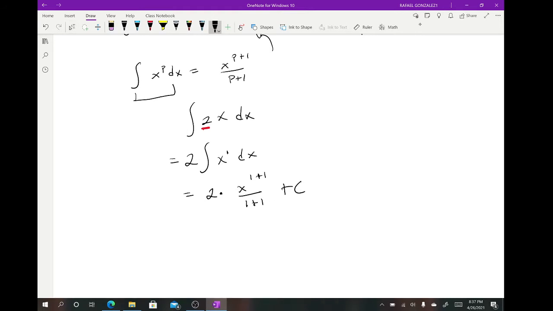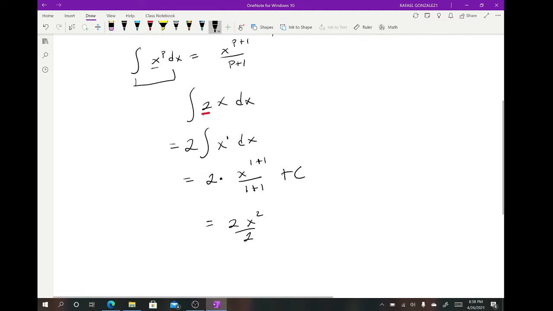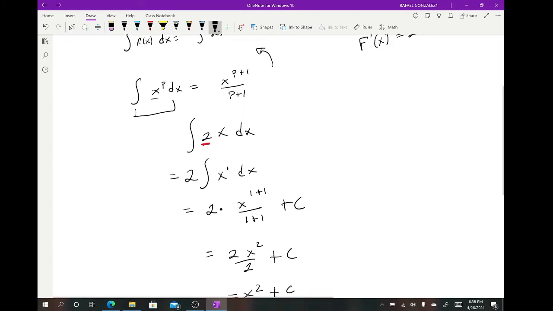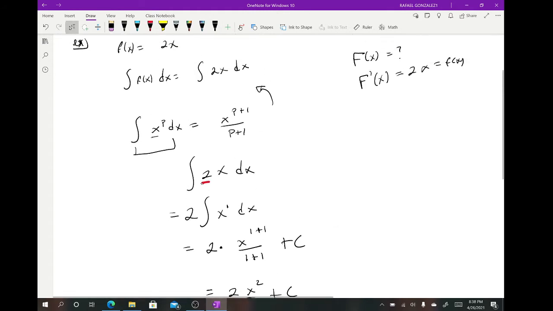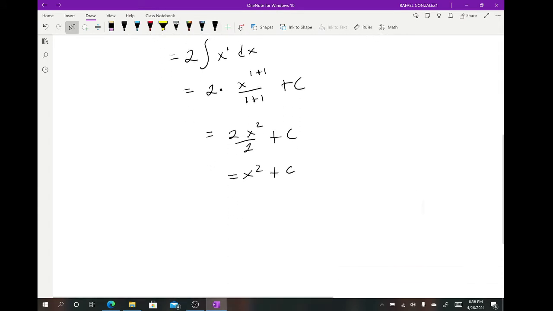There are an infinite amount of antiderivatives that will give us the same derivative here. So anyway, we get 2 times x to the 2 over 2, which is equal to x squared plus c. So we can see that if c is any constant, anytime we take the derivative, we're going to get 2x. So that is what we did last time.